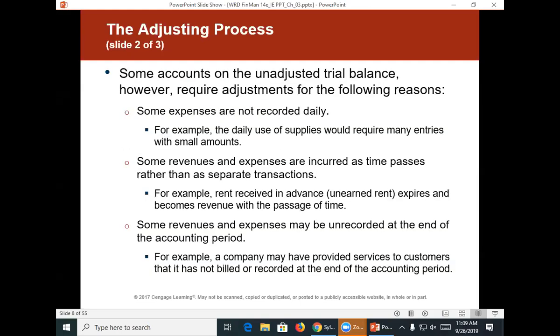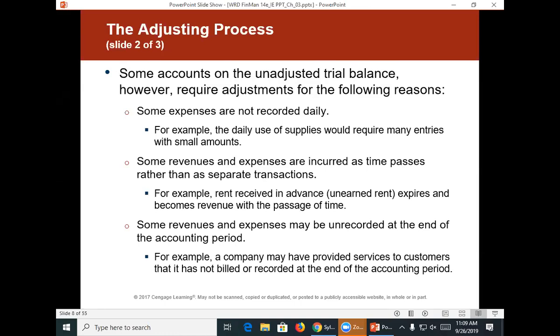However, we do have some situations where there have been expenses that have been incurred that we haven't recognized yet, or revenues that have been earned that we haven't shown and recognized yet. For example, we've already dealt with supplies. Remember in chapter 1 and 2, when we purchased supplies, it was an asset, right?